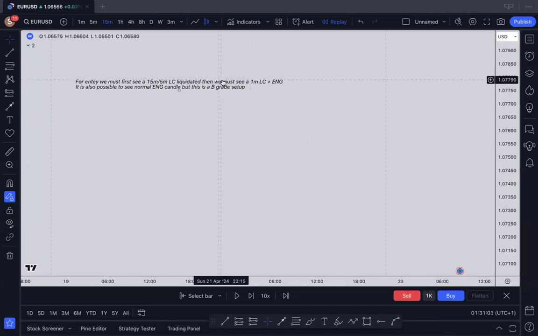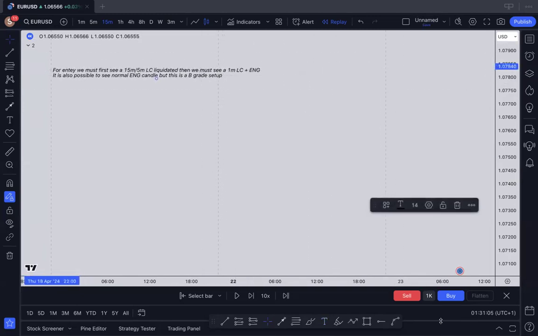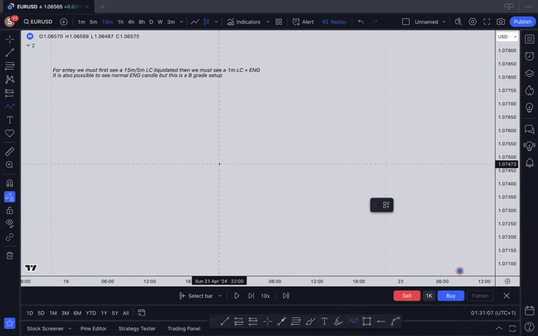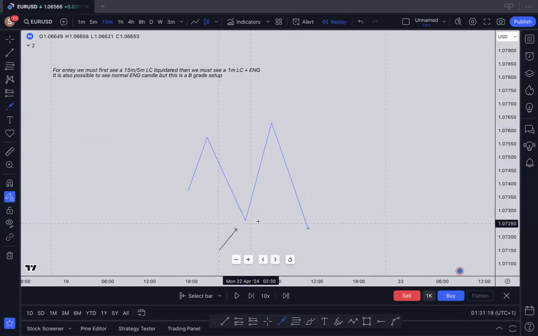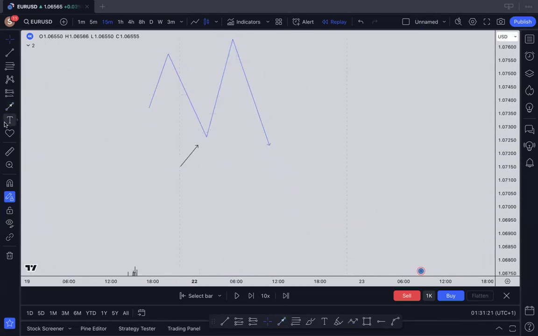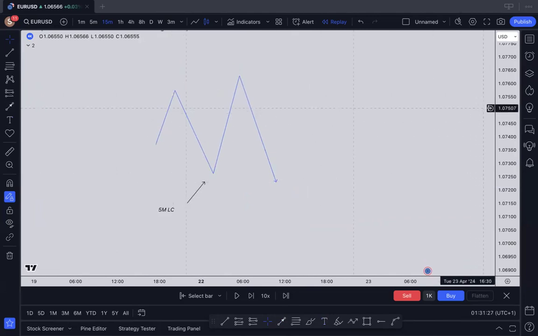Okay, so what do I mean by this? First of all, we must see a liquidity candle liquidated. So say, for example, we come in here and we see something like this. Okay, this here is a liquidity candle, say, for example, on the 5M LC.